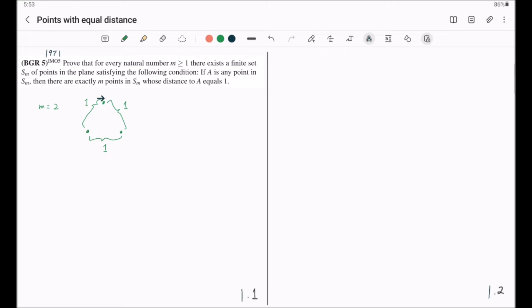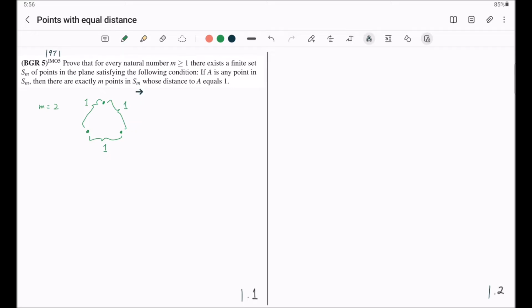So every vertex, every point in here, will have exactly 2 neighbors whose distance to it is equal to 1. So the m equals 2 case is very easy.